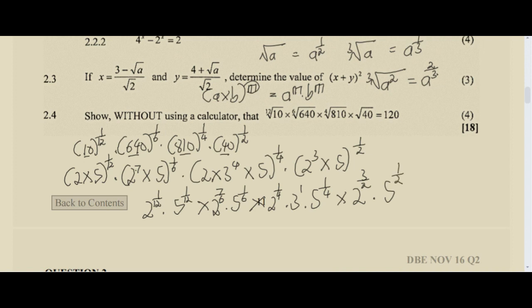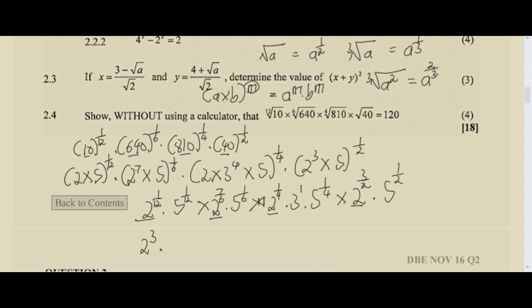Now we know of a law of exponents that says if the bases are the same and we are multiplying, that means we have to add the exponents. So if we say 1 over 12 plus 7 over 6 plus 1 over 4 plus 3 over 2, then you will get 2 to the exponent of 3. So adding the exponents gives you 3, and then you keep the base, right?